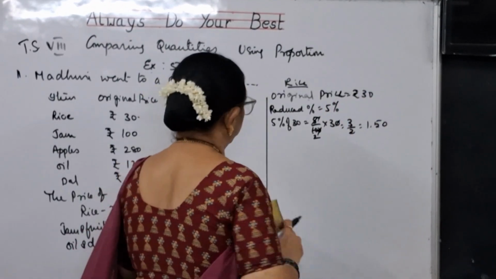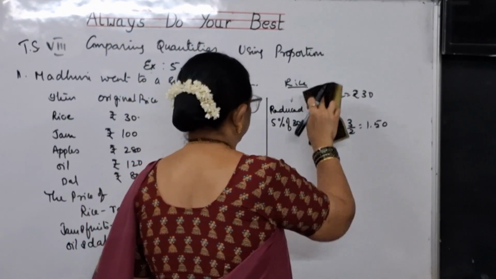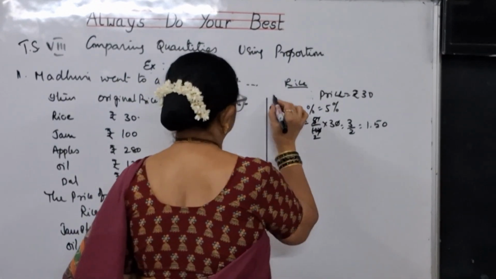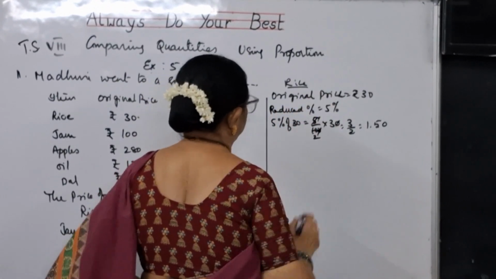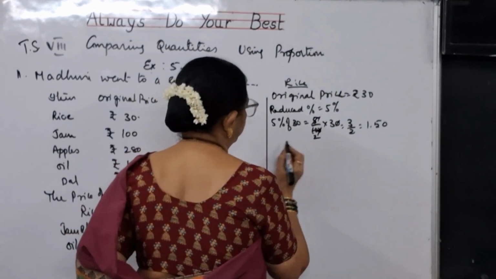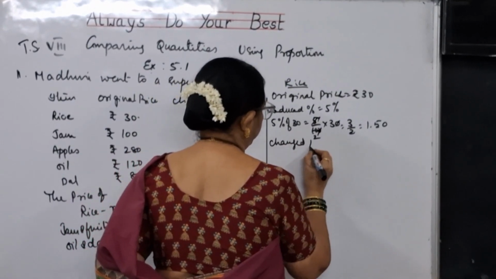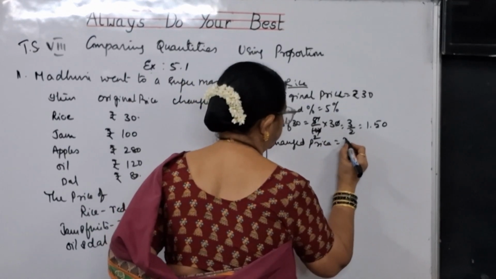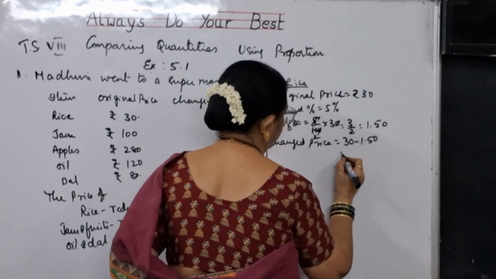So what are you getting here? Original. So what is the reduced price? So what is the changed price? Changed price reduced. That means 30 minus 1.50.